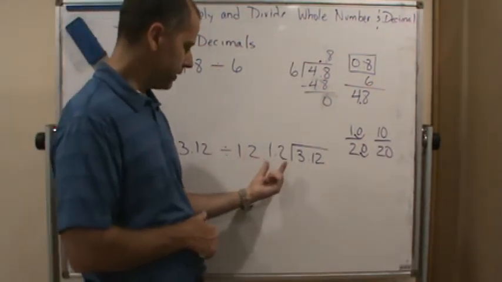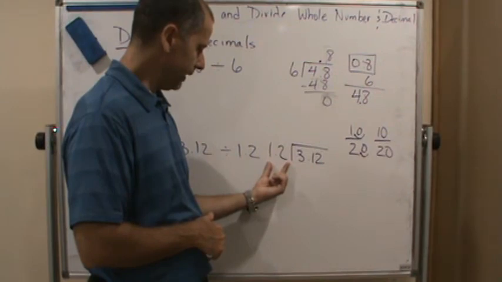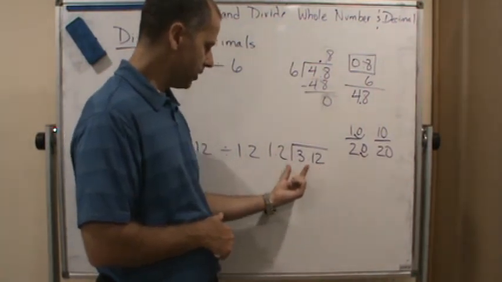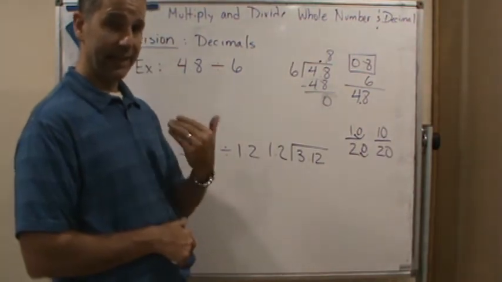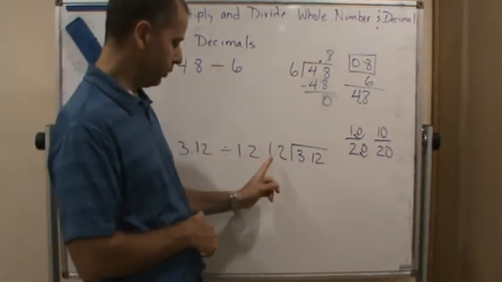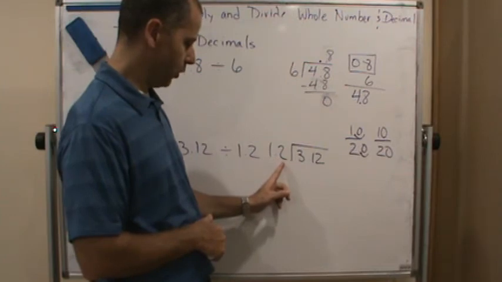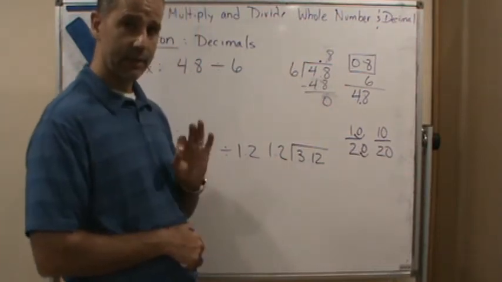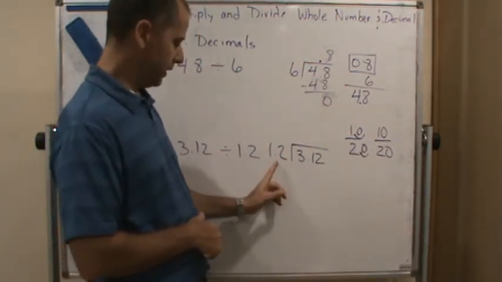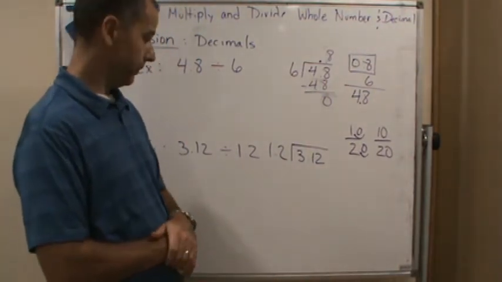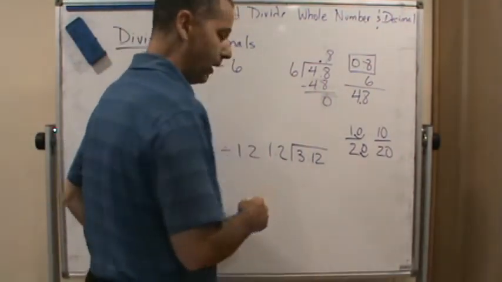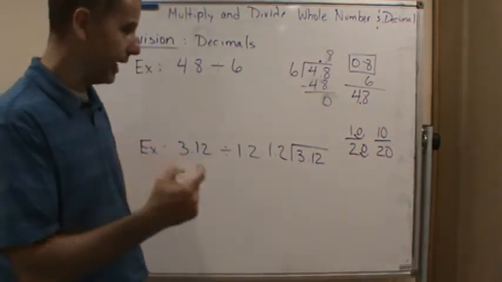So what I have to do is multiply the divisor and the dividend by the same power of 10 that I need in order to move the decimal point. So in this case, I need to move it over 1 spot. So that means I'm going to multiply the divisor and the dividend by 10. Now I don't have to physically do that, but realize what's going on.